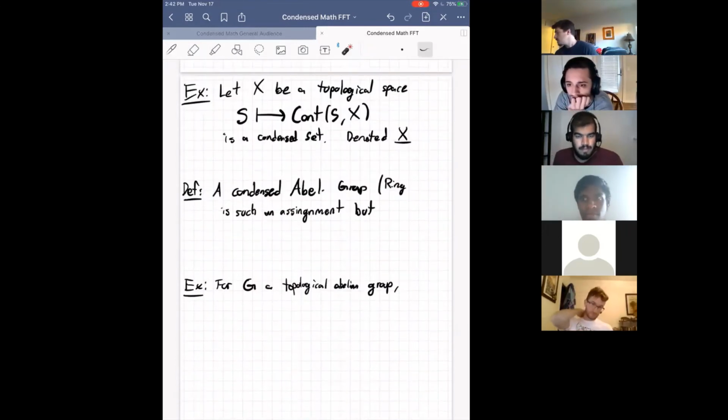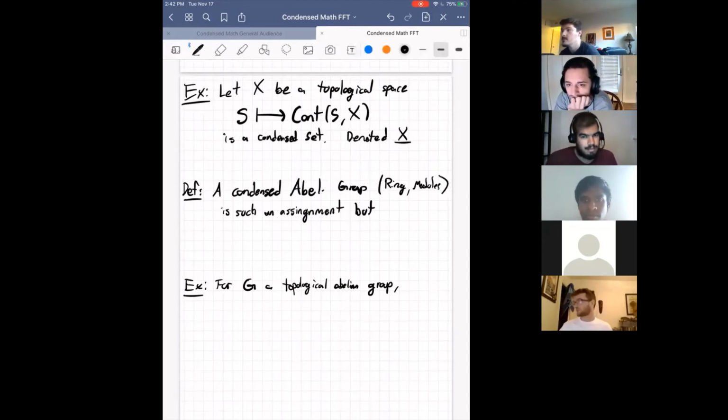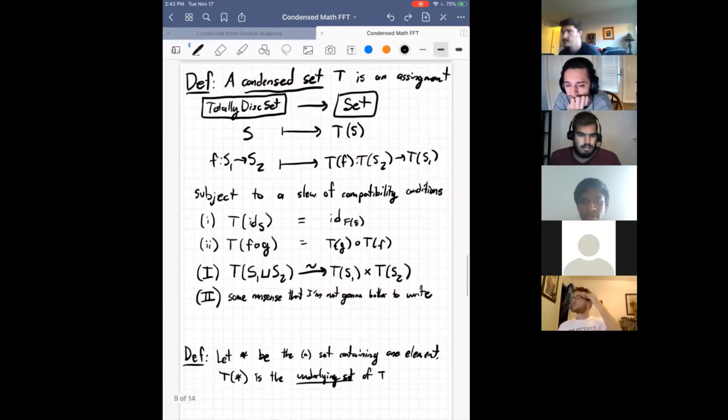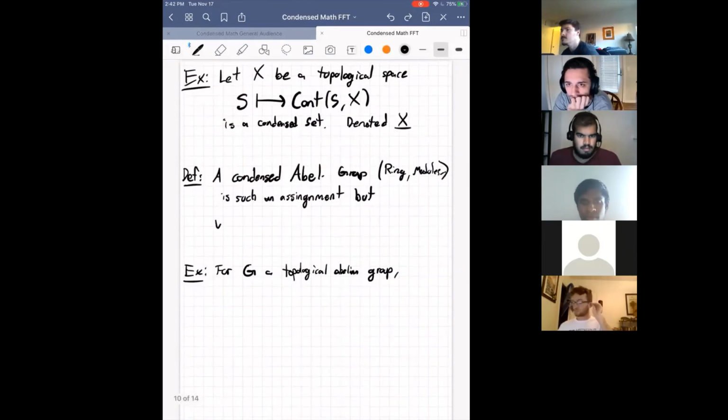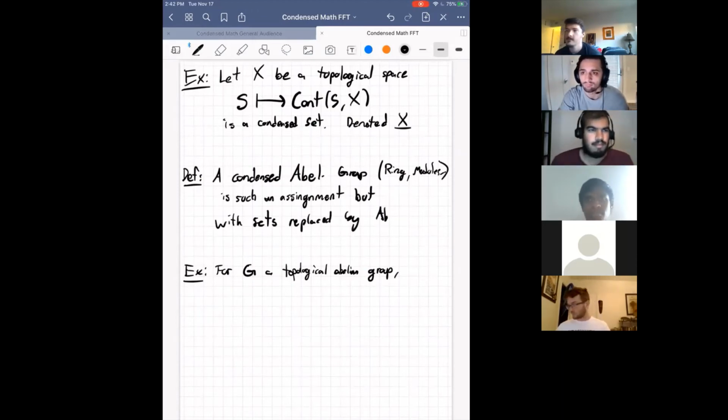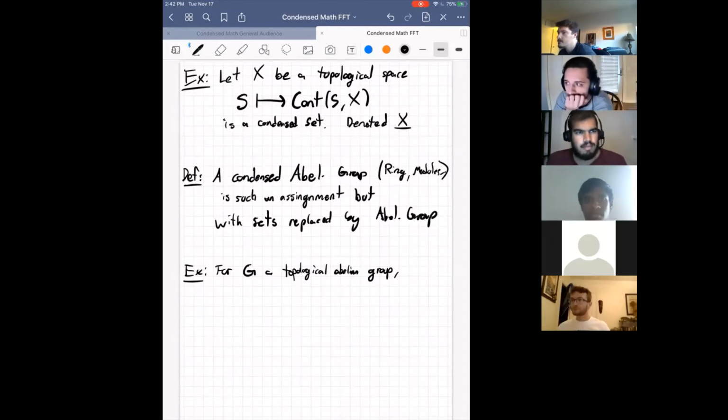Yeah, no, it's definitely a contravariant thing, and I can do this for rings, modules, and so on. It's exactly a condensed set, but instead of assigning sets to totally disconnected sets, I'm just going to put abelian groups, or rings, or modules over a ring, whatever.